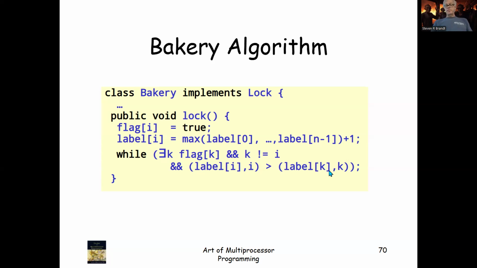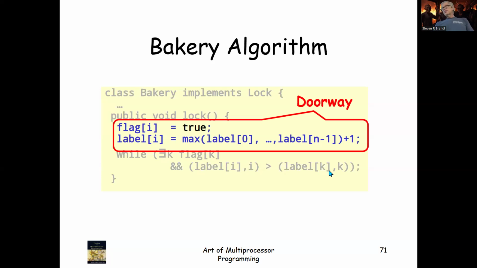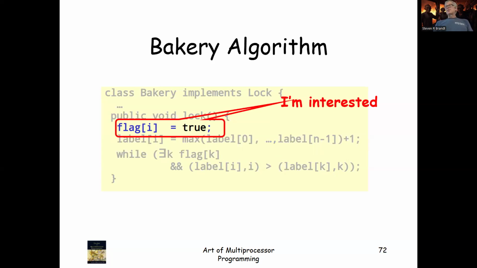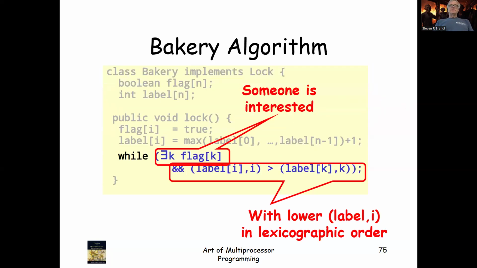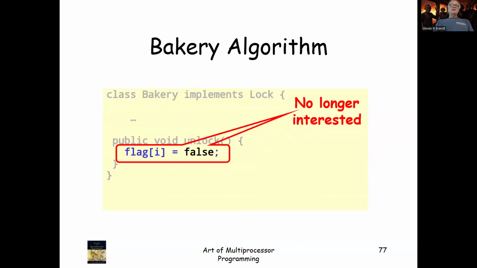Make sense? Of course, I always forget that my slides have this little walkthrough thing, and I described the complete thing without doing the walkthrough, but there it is. And then the unlock is we're going to lower our flag.